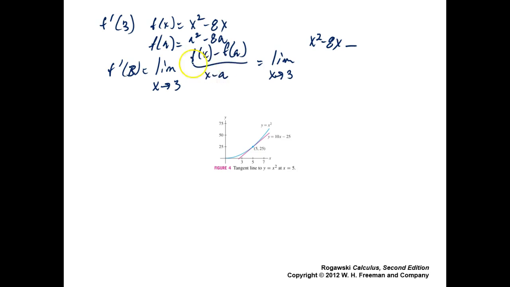But if x is approaching 3, that is our a, so this would lead to f of 3 being what? 9. A little louder, somebody.